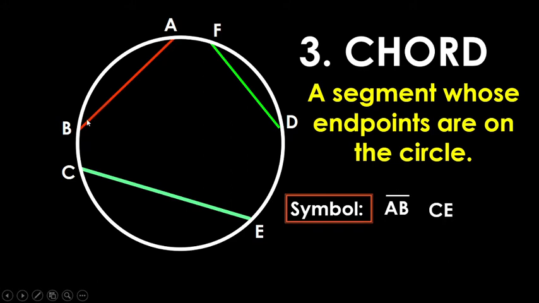Another one, we have line segment CE or line segment EC. And the last one is line segment FD or line segment DF. And you can draw other examples of chord out of a circle. Same is true for a radius.